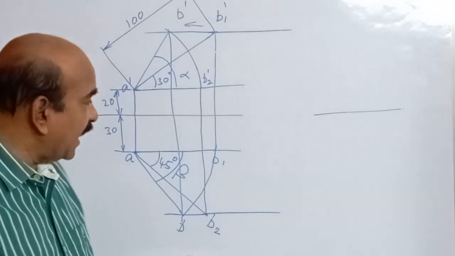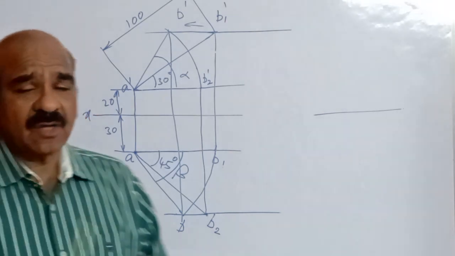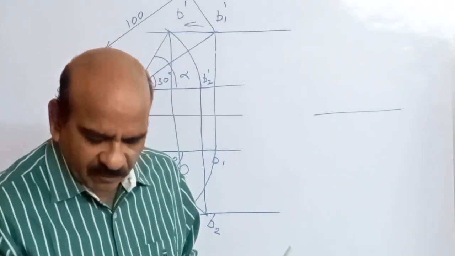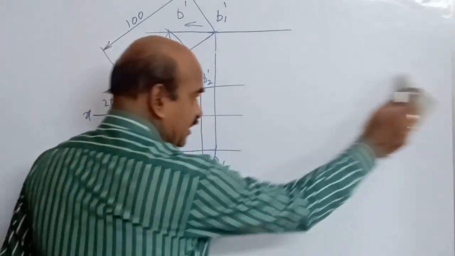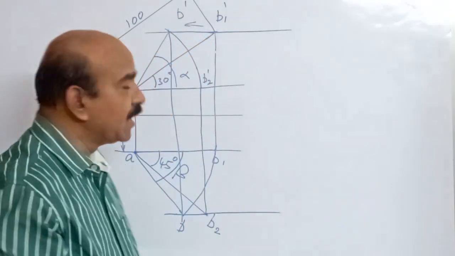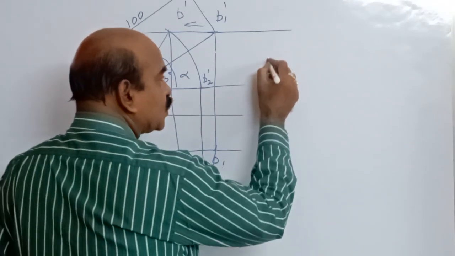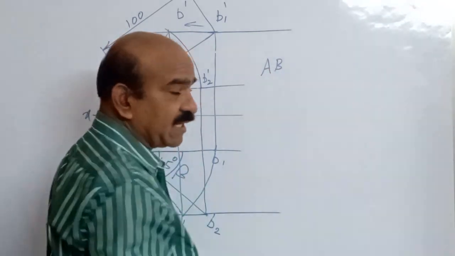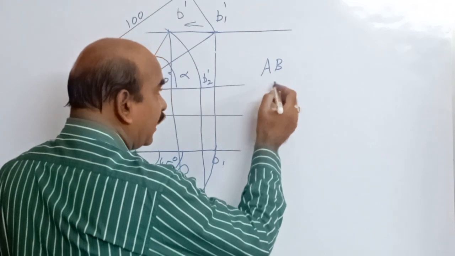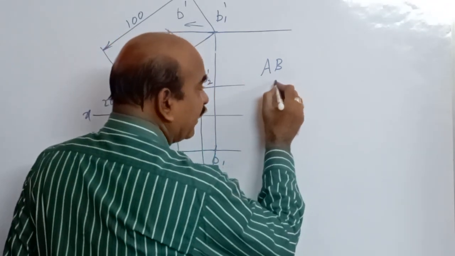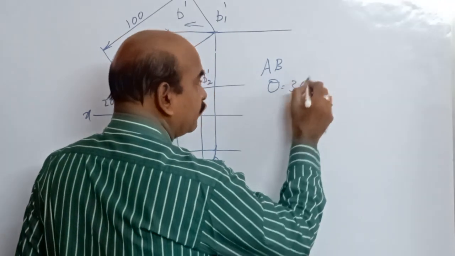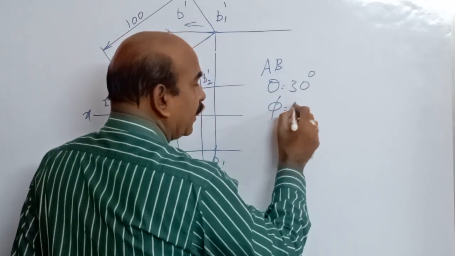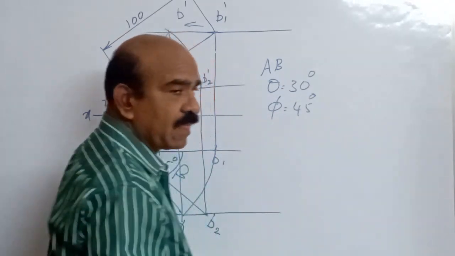Okay. So when you observe this problem, we get some parameters. What are they? We are given the true length of the line AB, that is 100 mm, and we are given theta, angle with HP 30 degrees, angle with VP 45 degrees.